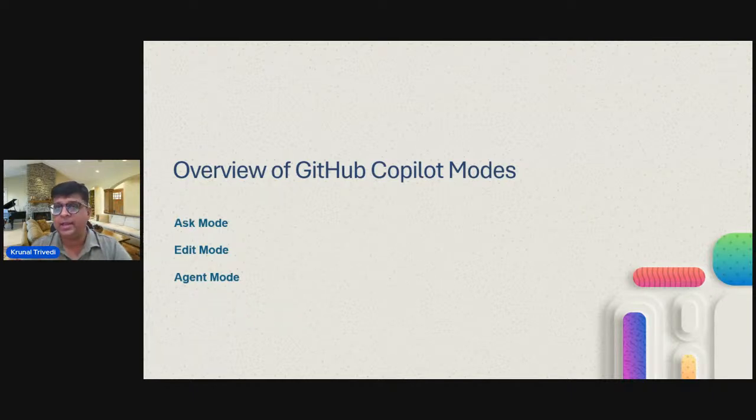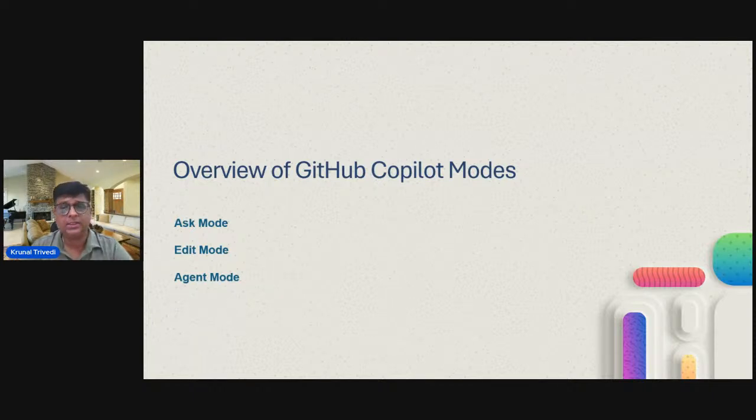For example, can you go to this particular file and explain this code block to me? Or can you tell me what commands there are to list out the directories, or list out the current Angular CLI commands? Can you list out the current PowerShell cmdlets? You can ask the questions over there, and it explains to you. That is ask mode.